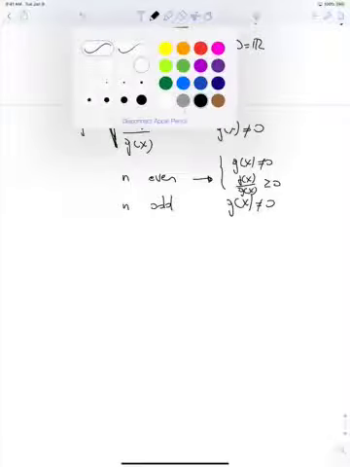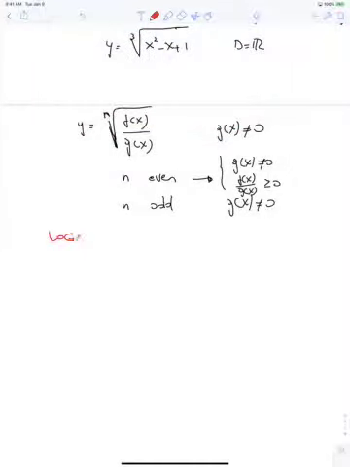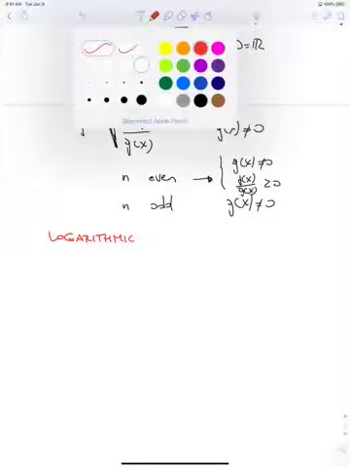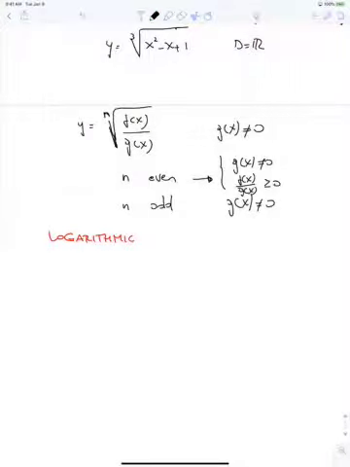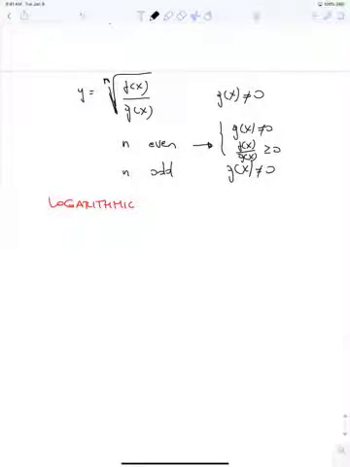For logarithmic functions, well, we already know that the argument of the log has to be strictly greater than 0. So if we have something in the form log of base a of f of x, then f of x has to be greater than 0.